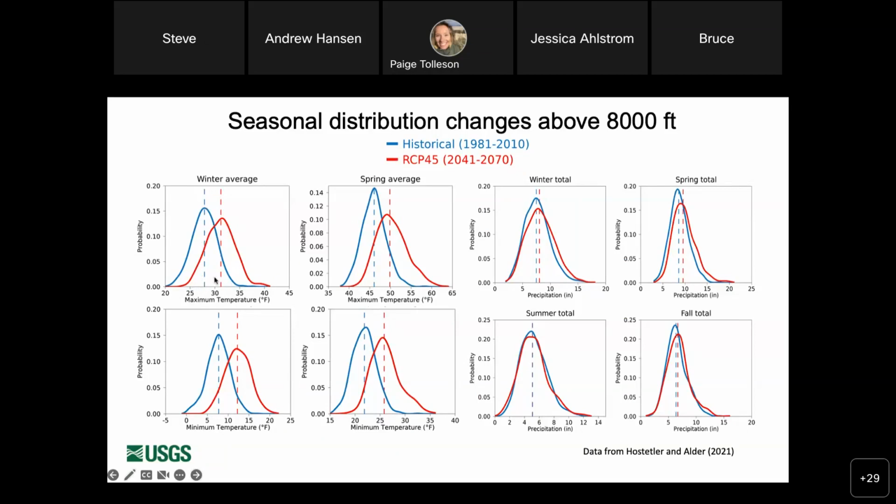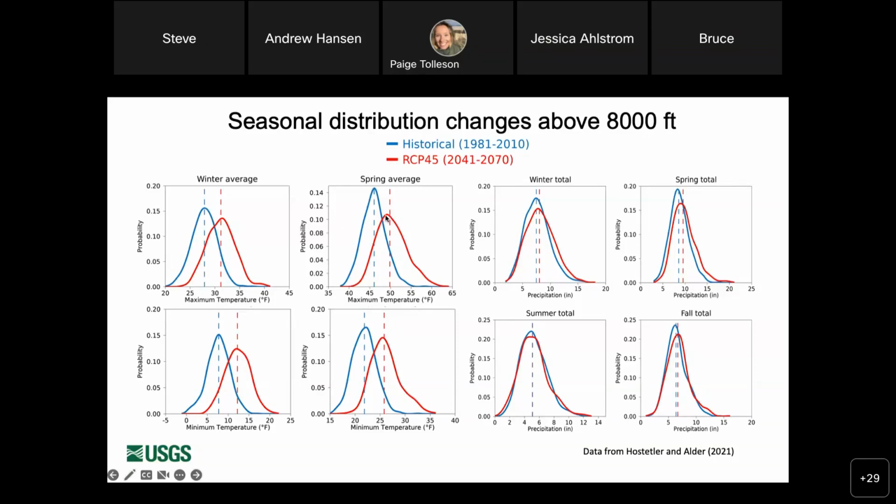So you can see there's a pretty big shift in the distribution of temperature over the winter average, a substantial warmer shift occurring in the winter, and another shift occurring in spring.